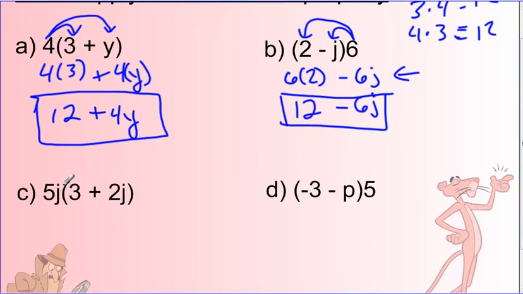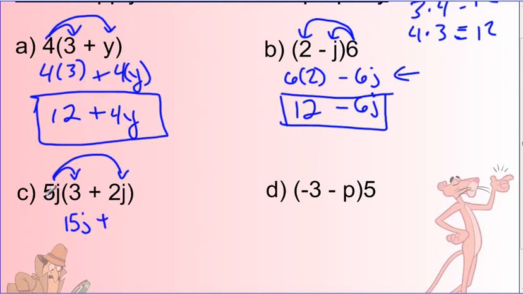Now letter C here looks a little different. Now we have a j on the outside as well. Well, it makes no difference. You can have anything on the inside and outside. You're really allowed to multiply any numbers together. Any letters, any numbers, anything. You can multiply. So here, we just did this stuff in the last lesson, this commutative property. We can take the 3 times the 5 and get a 15j.